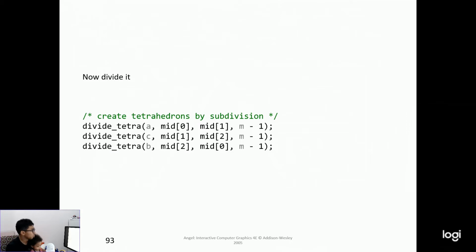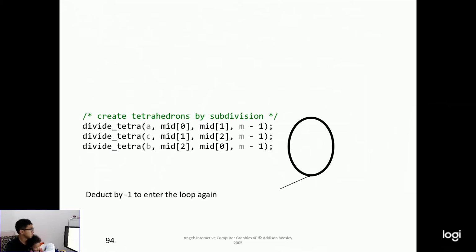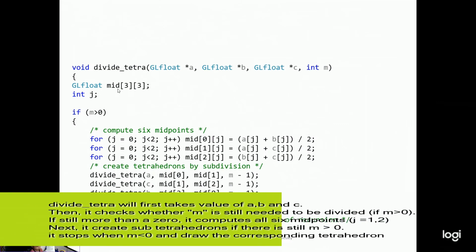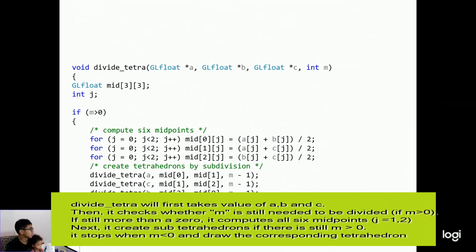So this is the function of divide tetra. You get an A, and you repeat with M0, mid 1 and M minus 1, and then you repeat it until you have each of the triangles that you're going to develop. So divide by 1 in order to enter the loop again. This is the divide tetra function. They declare the mid function 3 3, since you need to have 3 midpoints.